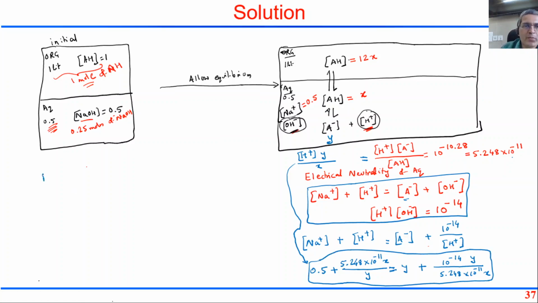Now I can write material balance. Again, same material balance will be there. 1 liter into 1 minus 12x would be equal to 0.5 liters into X plus Y. Material balance for AH in the organic phase and AH in the aqueous phase.